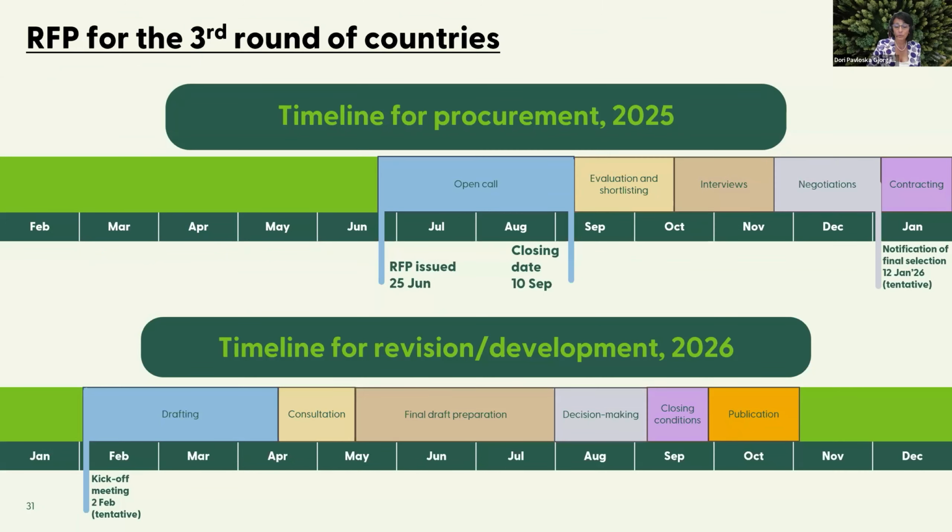That was opened on 25th of June and it's closing on 10th of September. So there is some more time left for whoever has the capacity and interest to submit proposals and undertake this work, which should be going on during 2026.